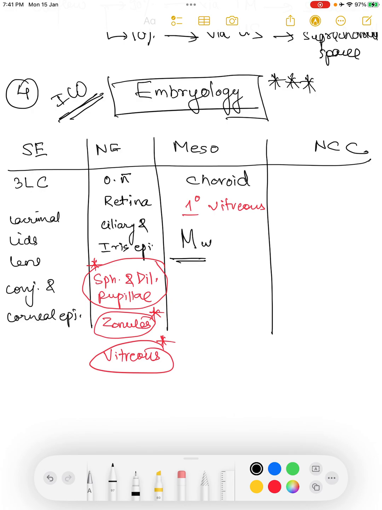M for muscles. Which muscles? Extraocular muscles. Another exception, sclera, but only the temporal part. You must not forget these. These are Viva questions, these are exam questions.